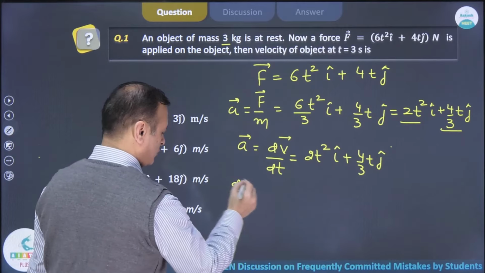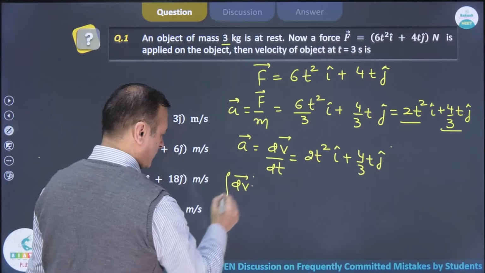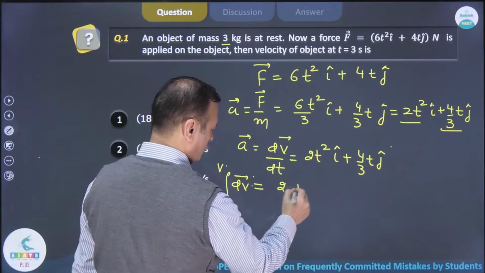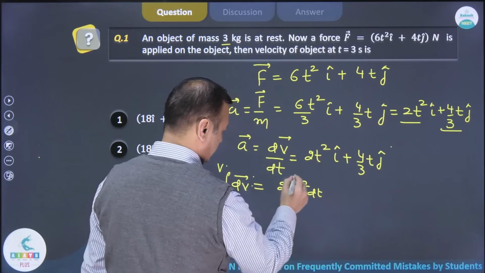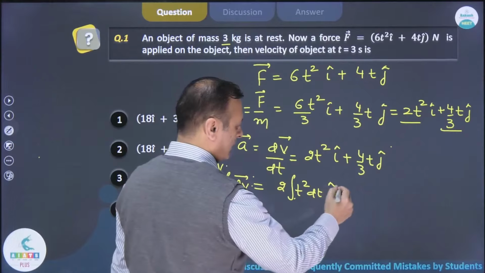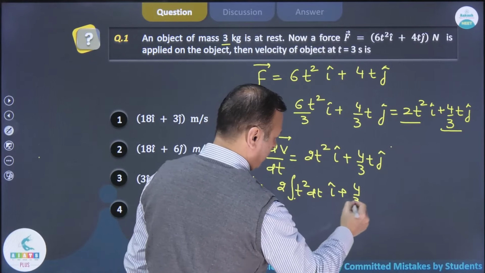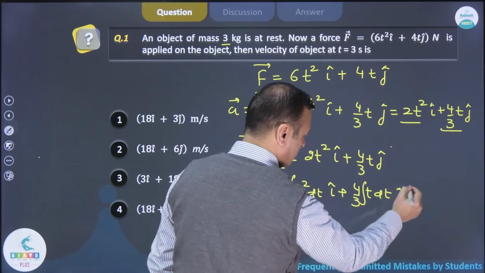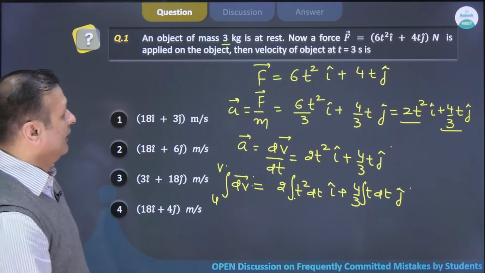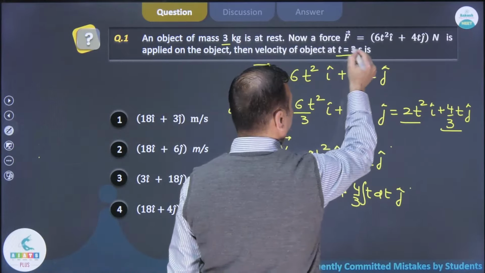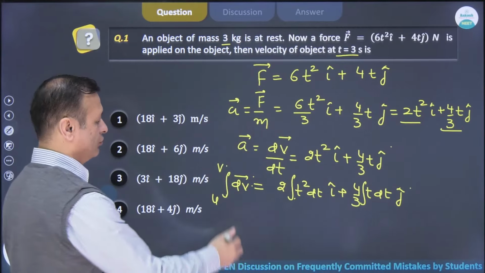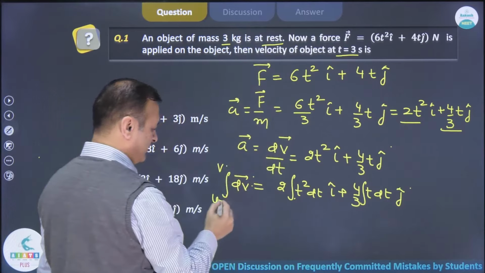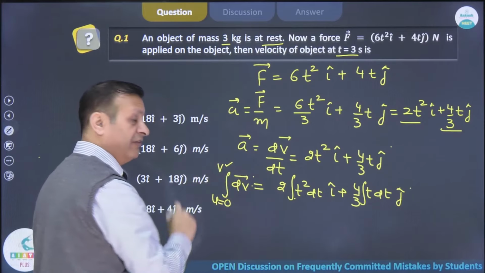For the change in velocity from initial to final, this is 2t square dt in the i cap plus 4 by 3 t dt in the j component. Now we have to find the final velocity at time 3 seconds. What is the initial velocity? Initially the object is at rest, so u is 0, and v is what we have to find.